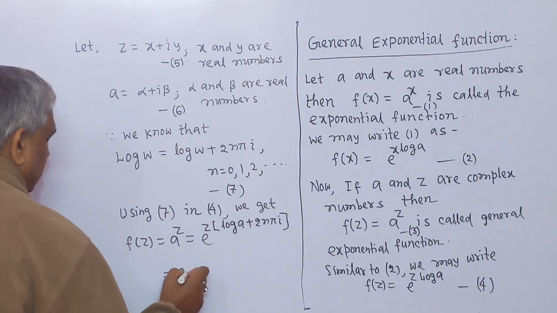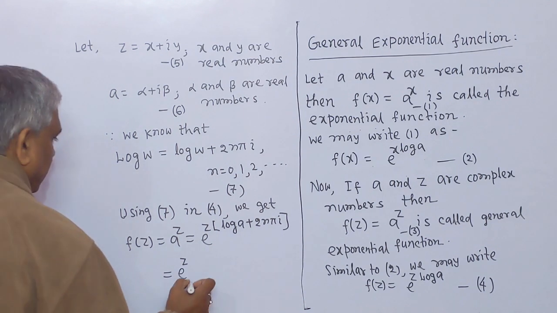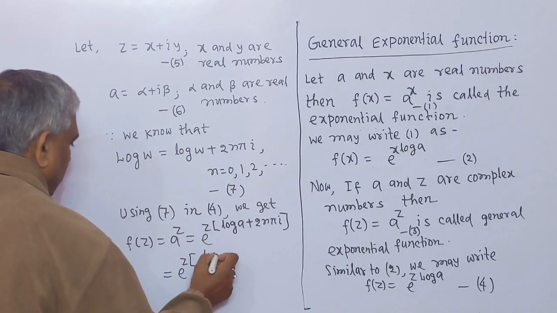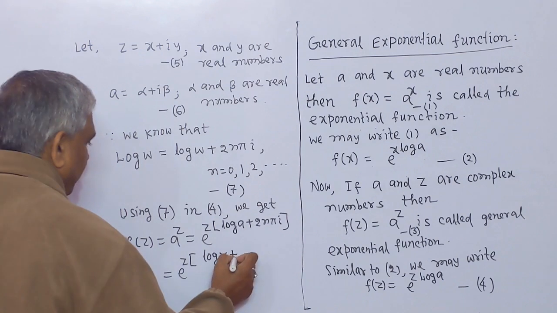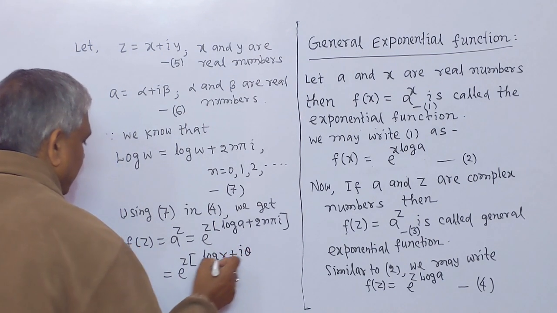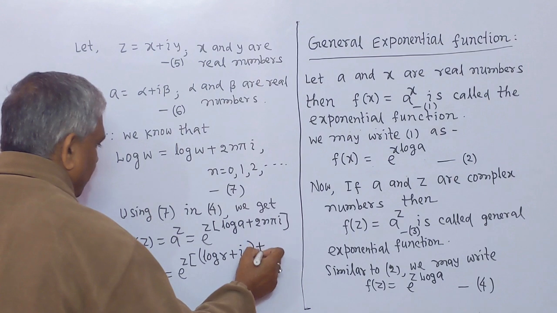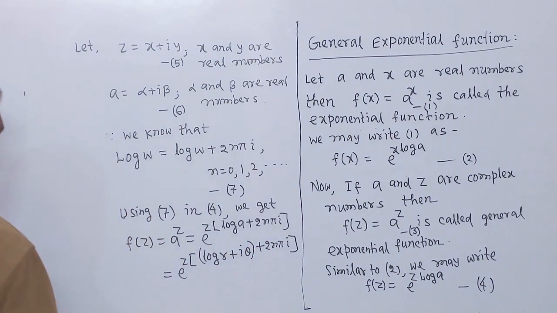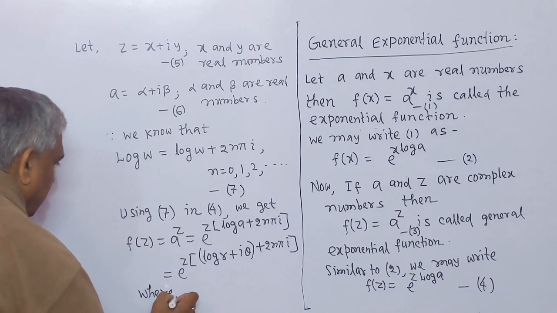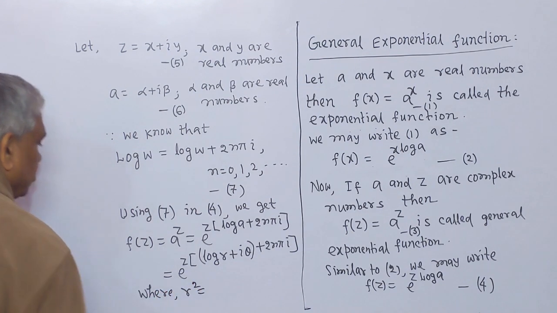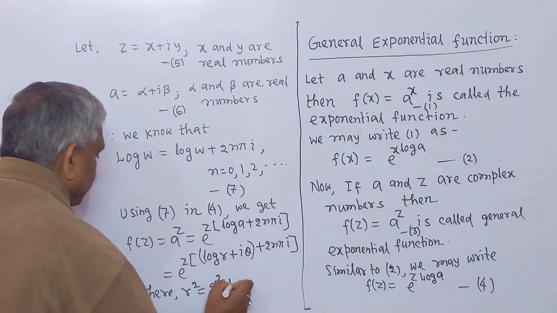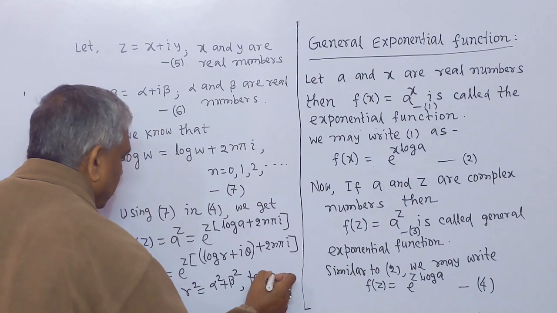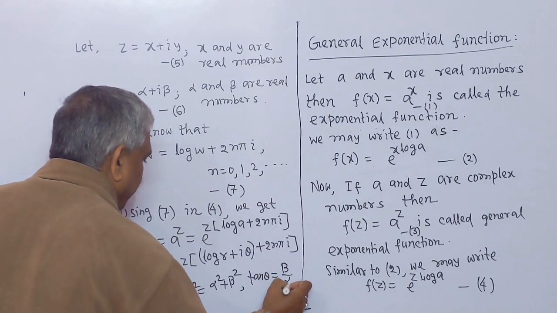This is equal to e^(z[log r + i(theta + 2n pi)]), where r^2 = alpha^2 + beta^2 and tan theta = beta/alpha.